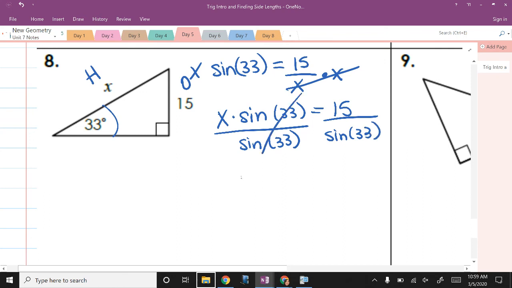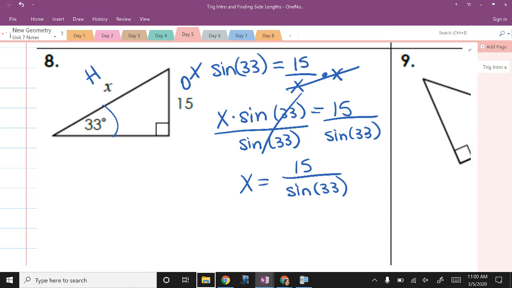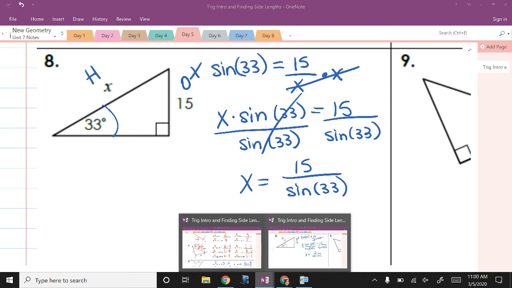And then those cancel out. So x equals 15 divided by sine 33. Y'all see how I got that to get x by itself? I multiplied both sides by x to get x out of the denominator, and then I divided both sides by sine 33 to get x by itself. Okay? So now when we type this in our calculator, we're going to be a little bit careful.